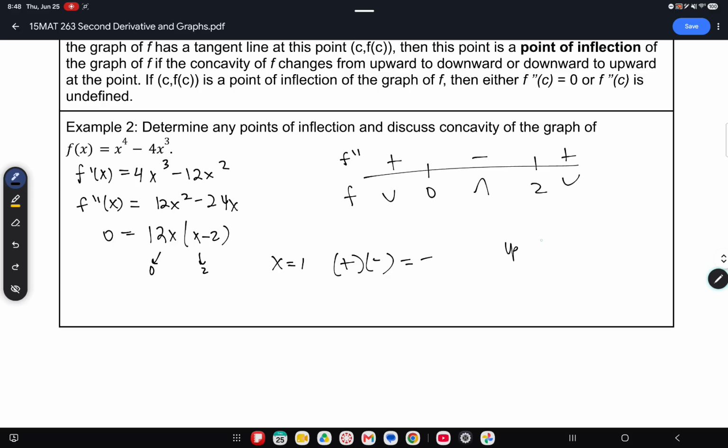So, all right, we are concave up from negative infinity to 0 and 2 to infinity, and then down from 0 to 2. And then we do have some sign changes. So points of inflection at x equals 0 and 2. And we could get the actual points, but I don't think we need to for right now. All right.